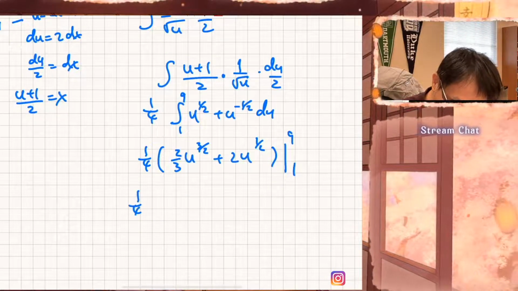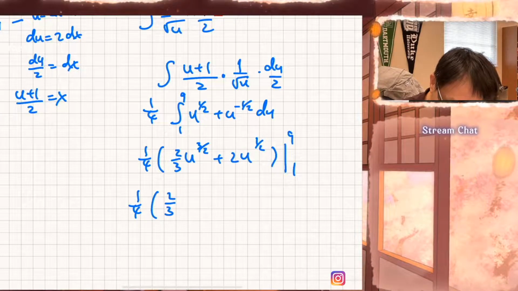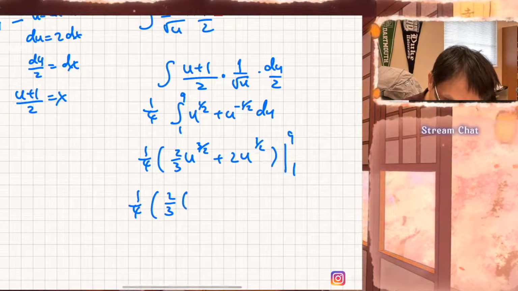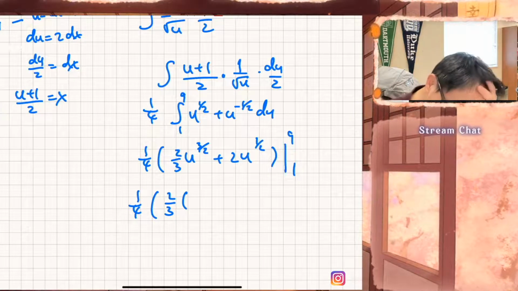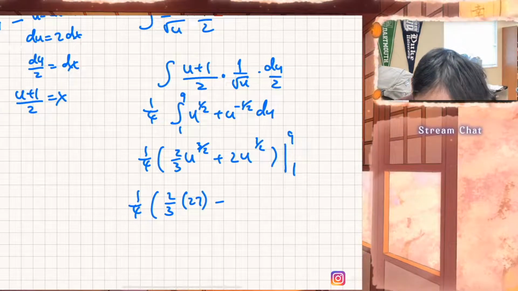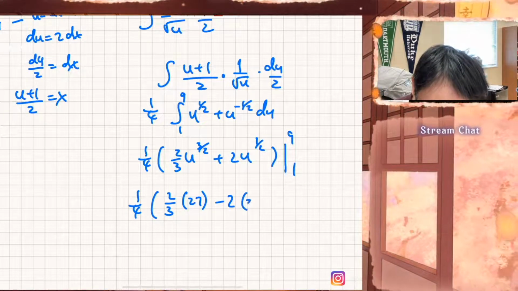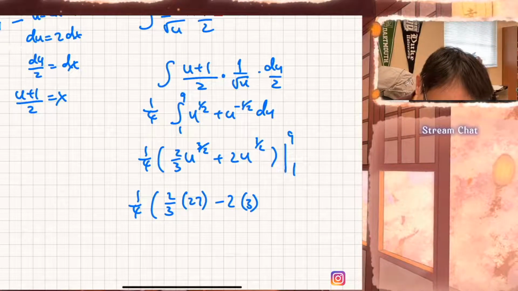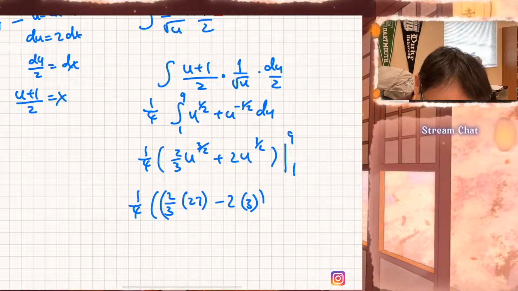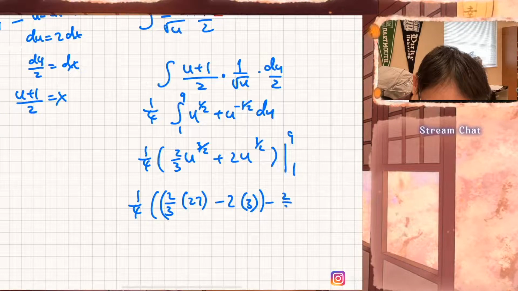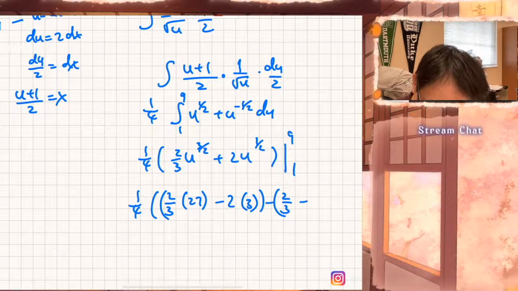That's equal to 1 over 4 times: 2 thirds times 9 to the 3 over 2, which is 27, minus 2 times 3, and then for the lower limit minus 2 thirds, and then plus 2.